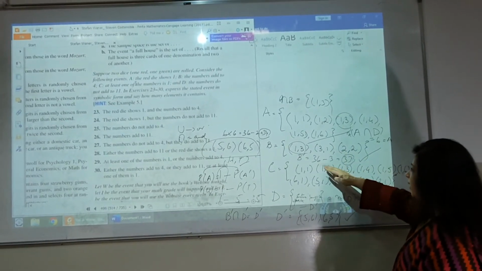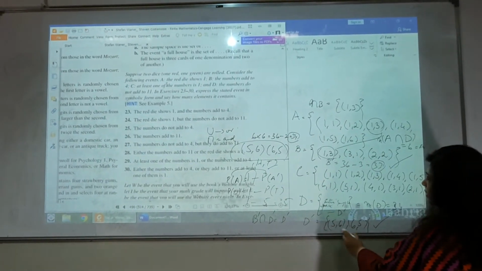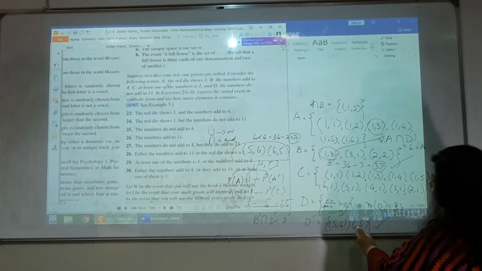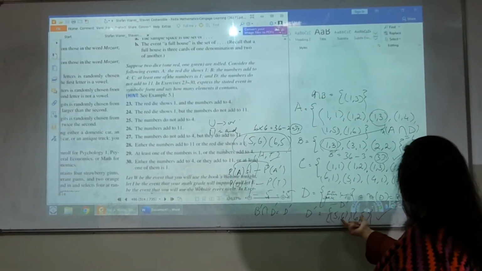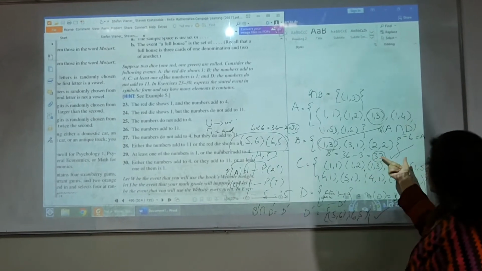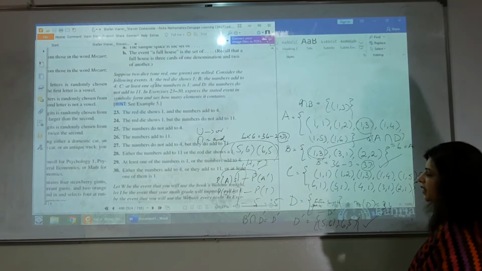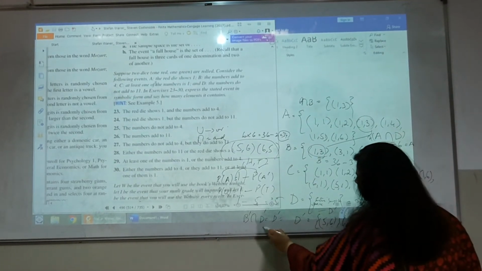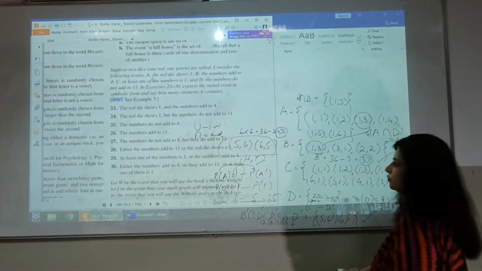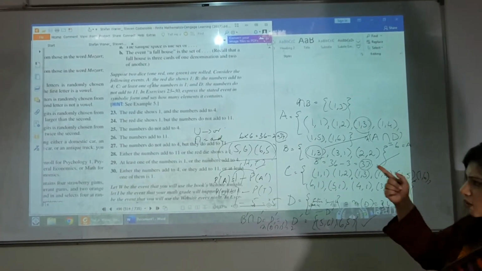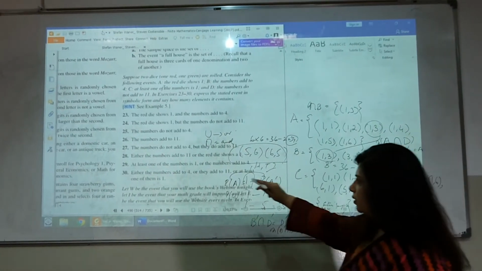So I can have the entire sample space, but I need to have something in common with something which is adding to 11. In this case, there are 2 possibilities that add to 11, and out of 33 possibilities, these 2 would be the common, and that would be D. In this case, n of B complement intersection D would be 2. Okay. Now you can do 28, 29 for practice, and I'm going towards this one.